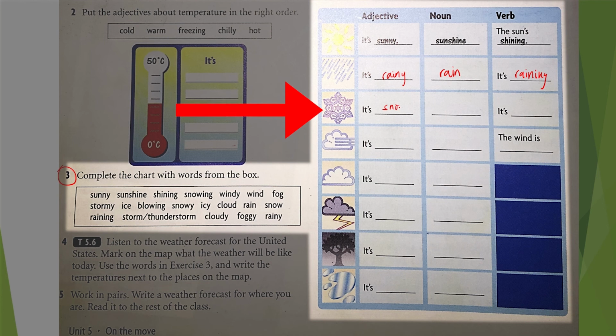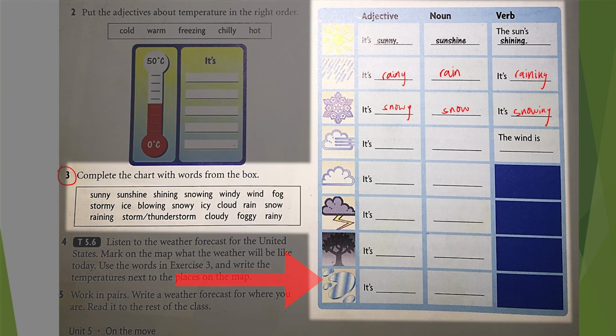So today it's snowy. And that would be definitely snow, and it's snowing, and so on and so forth, okay? So it's the wind, so it's windy, and the wind is blowing. Okay, right. So we've gone through this exercise, right?